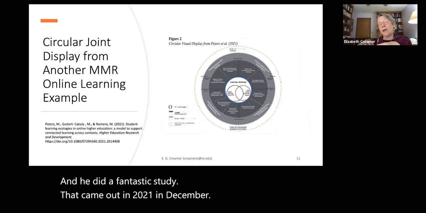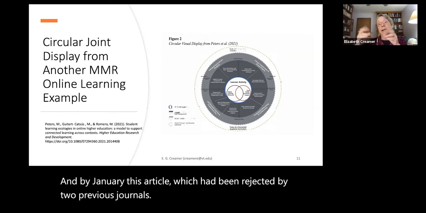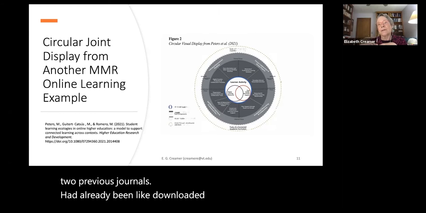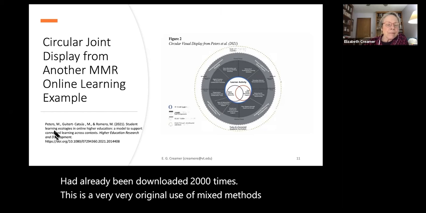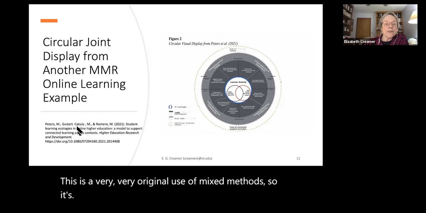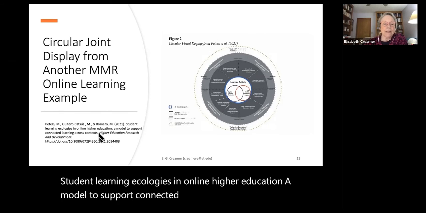And by January, this article, which had been rejected by 2 previous journals, had already been downloaded 2,000 times. This is a very, very original use of mixed methods. It's Student Learning Ecologies in Online Higher Education: A Model to Support Connected Learning Across Contexts.